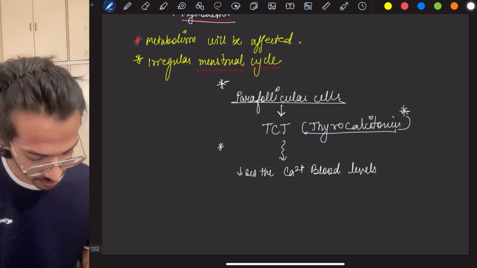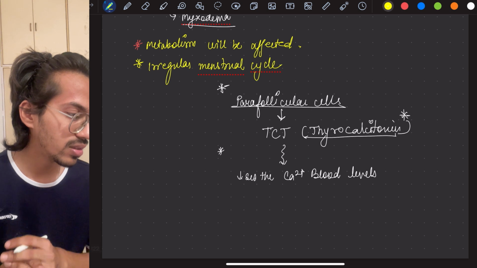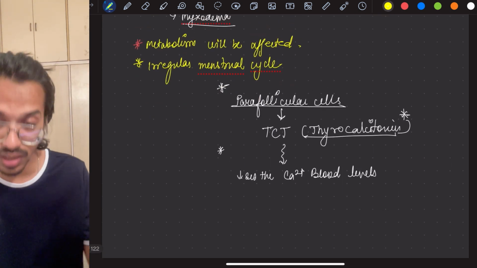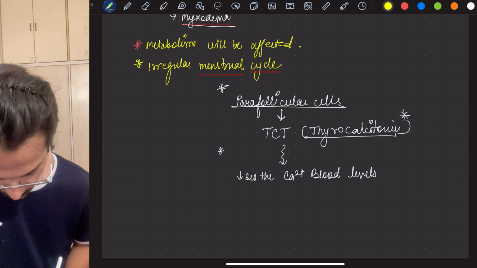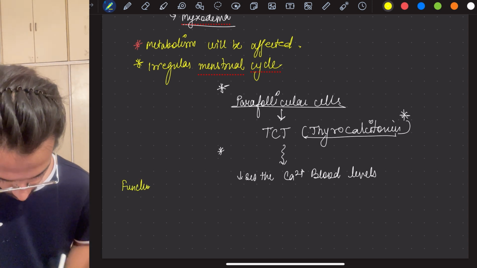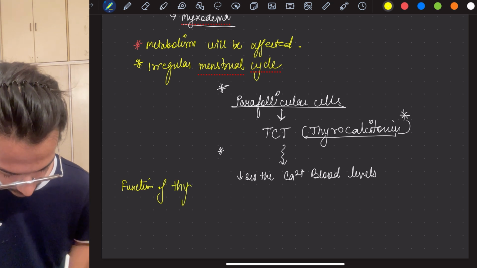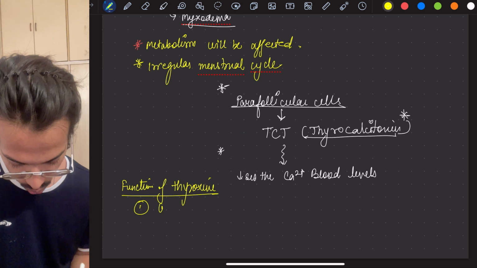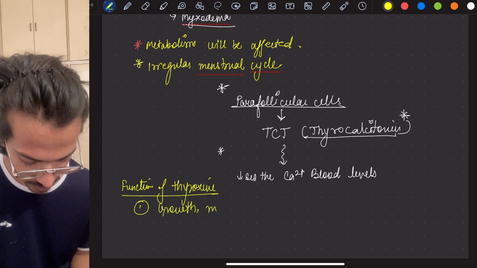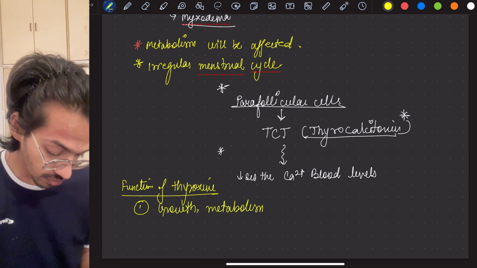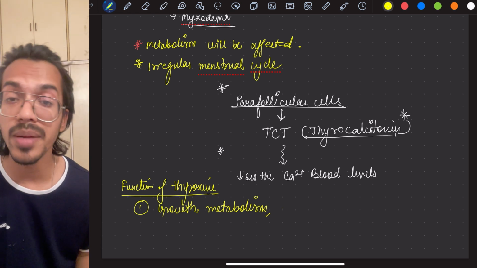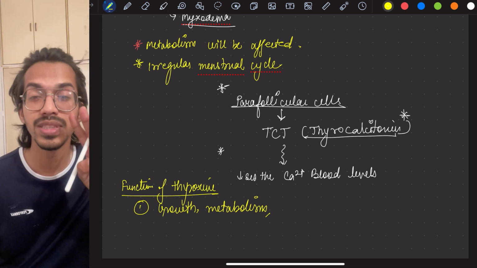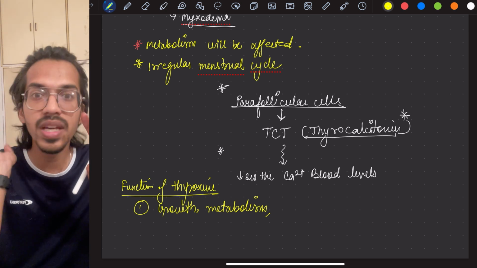The next one is, of course, one thing I forgot over here, the functions of thyroxine. In the function of thyroxine, you have to remember what? First of all, it is important for growth and metabolism. The most important thing is that it is important for RBC formation. There are three glands or hormones working for RBC production, which will be asked to you as a question.